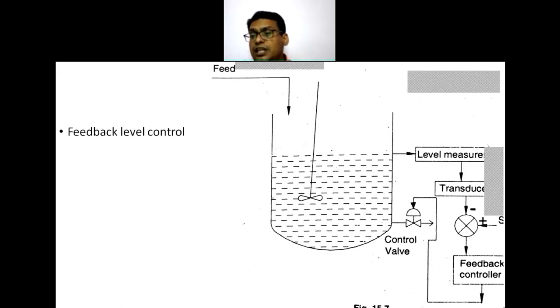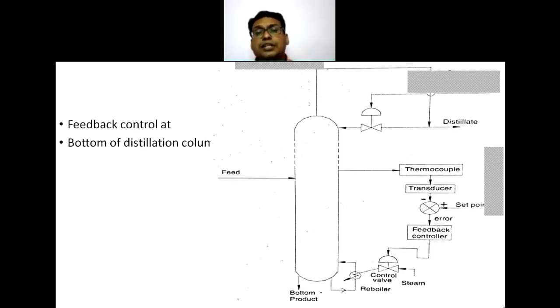Similarly, there is the level measurement in a tank. At the bottom of a distillation column, there is also the temperature measurement in the bottom section, then transducer, then feedback controller, which adjusts the amount of the steam going into the reboiler, which maintains the bottom temperature.